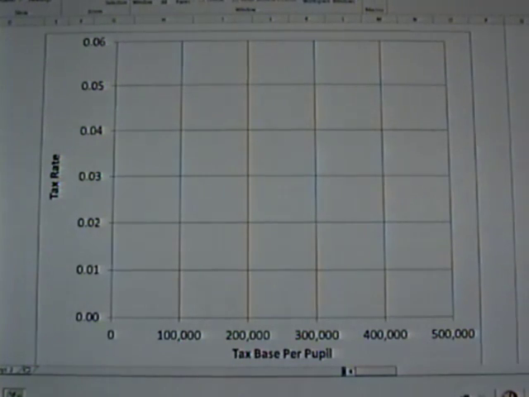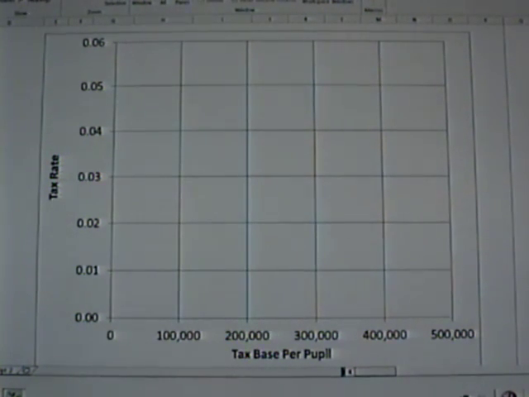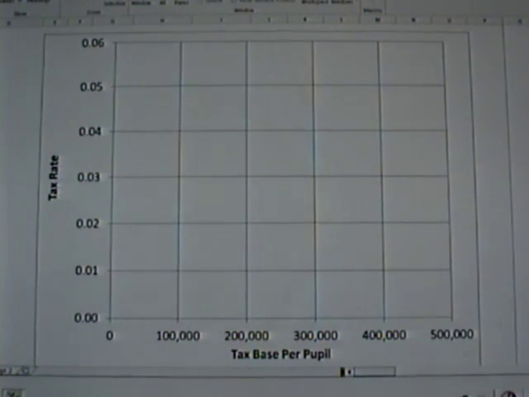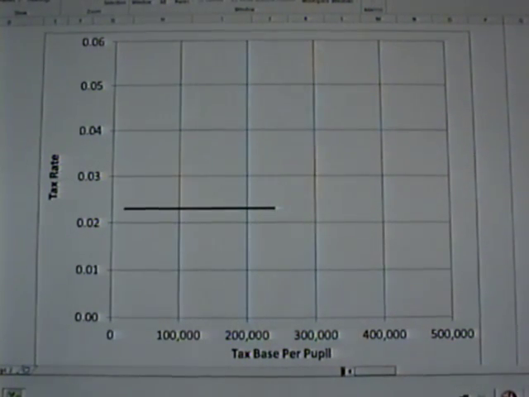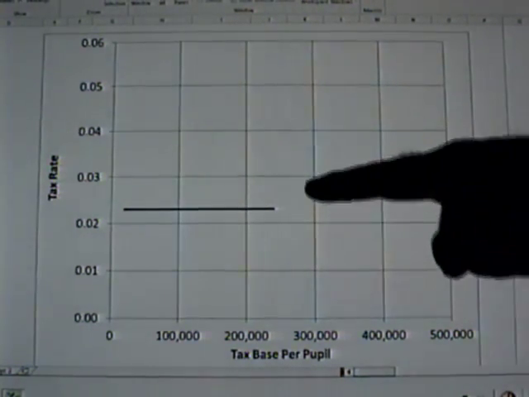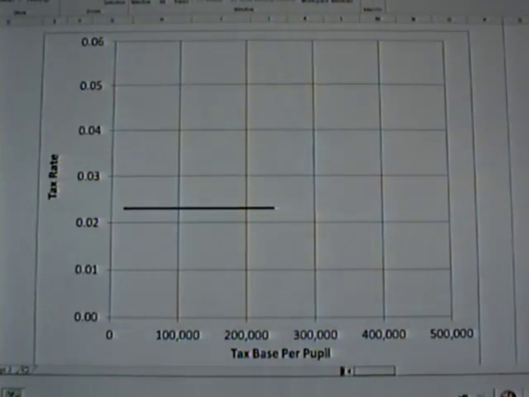And it shows how this necessary rate is different for the low wealth districts than it is for the high wealth districts. First of all, for the low and medium wealth districts under normal circumstances, the levy rate that's needed to generate the $6,119 is a little bit more than 2%.